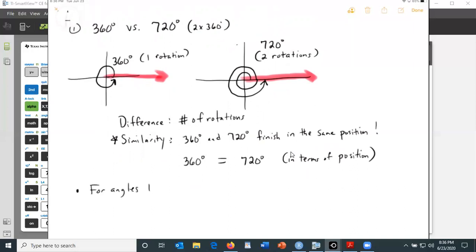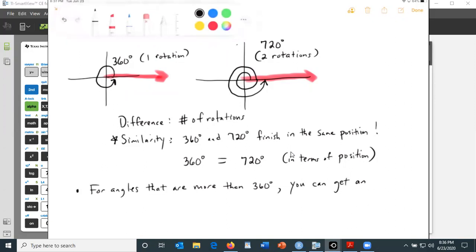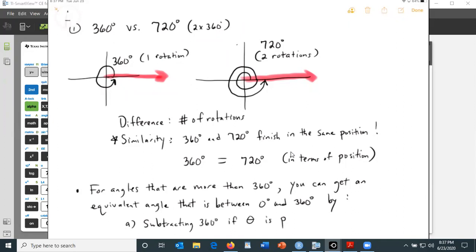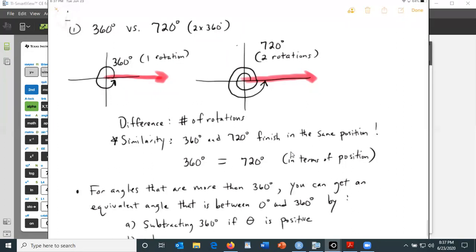So for angles that are more than 360, you can get an equivalent angle that is between 0 and 360 by subtracting 360 if your angle theta is positive, adding 360 if your angle theta is negative.